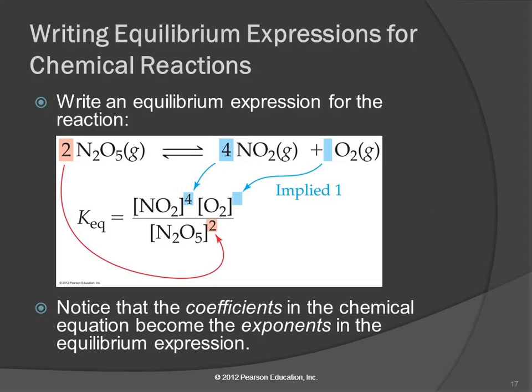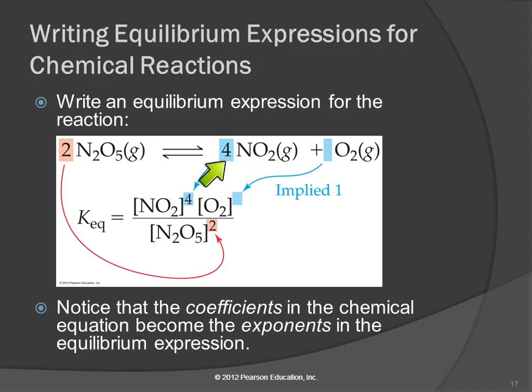We'll do an example. It'll make a little more sense. So let's look at a real reaction, not a generic one. Here we've got 2N2O5 decomposing to form 4NO2 and 1O2. To write the equilibrium expression for this, we're going to take the products, NO2 and O2, and write them in brackets indicating the concentrations.